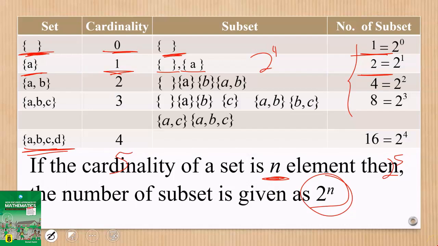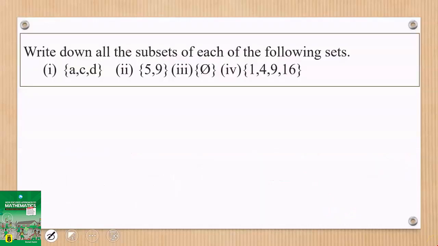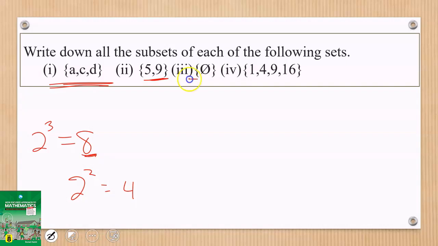So based on this, if I ask you to write down all the subsets of each of the following, for a set containing A, B, and C, you know that you're going to get 2 to the power 3, and that will give us 8. A set containing 2 elements will give us 2 to the power 2, and that will give us 4. So once you know the cardinality, the number of subsets, you can create them, okay? A set containing only 1 element will have 2 to the power 1, which is 2.